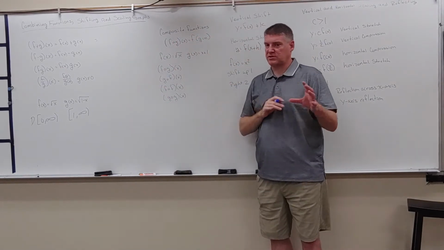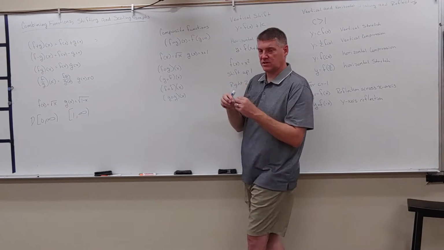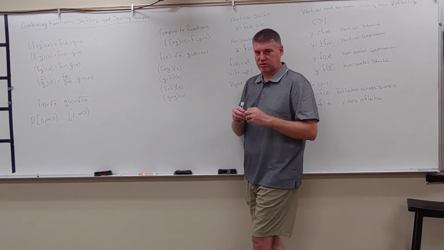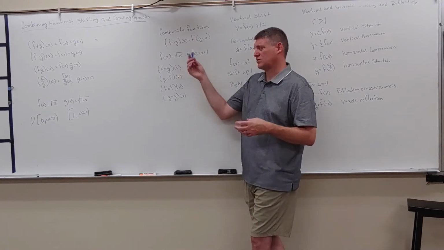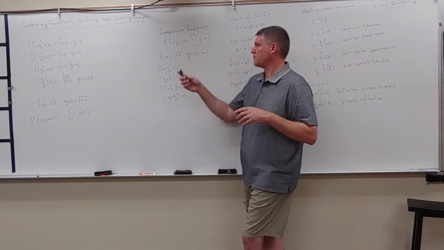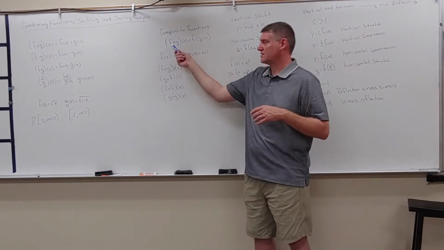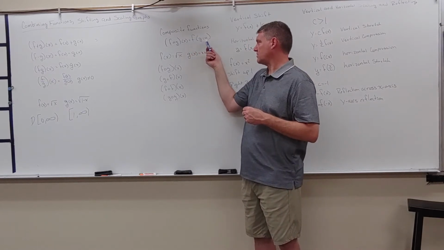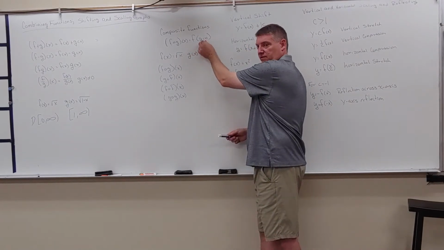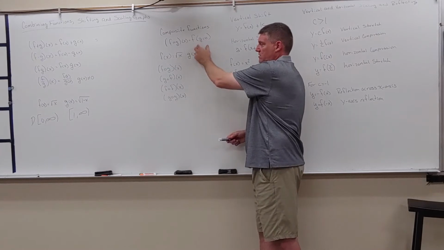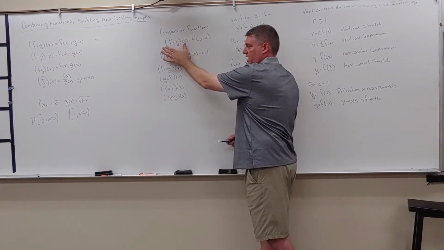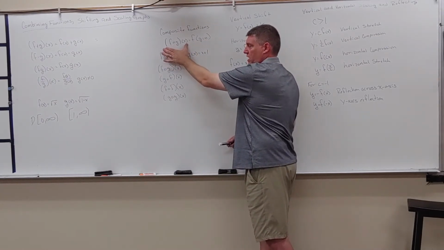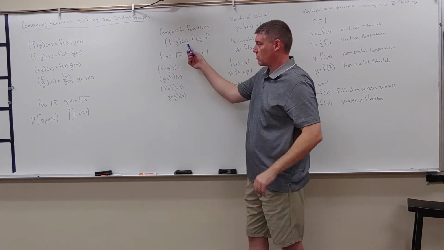If you remember composition of functions, that's essentially taking one function and plugging it in as the x of the other. So if you remember kind of fog and gof, this says (f of g)(x) is equal to f of g of x. So we're going to take the g of x and plug it into the f of x. Or if we're looking at this notation here, we're going to work right to left.